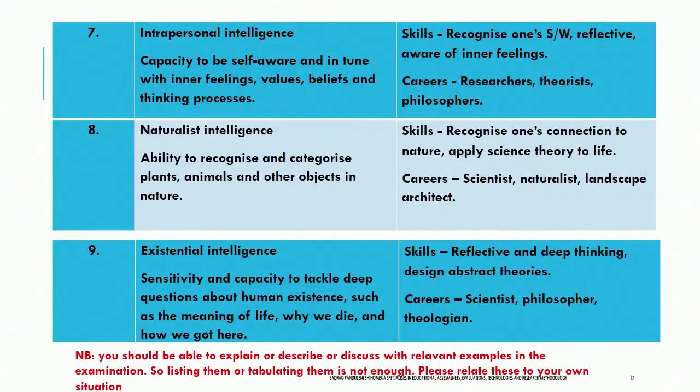And the last type of intelligence that learners possess is what we call existential intelligence: sensitivity and the capacity to tackle deep questions about human existence, such as the meaning of life, why we die, and how we got here.